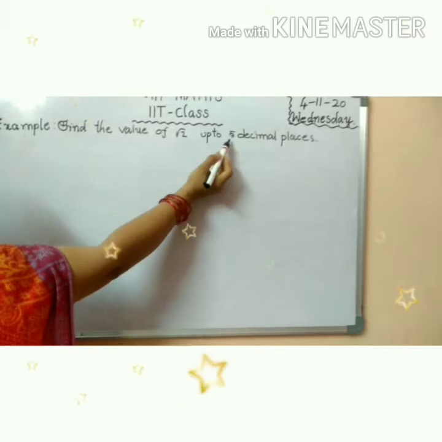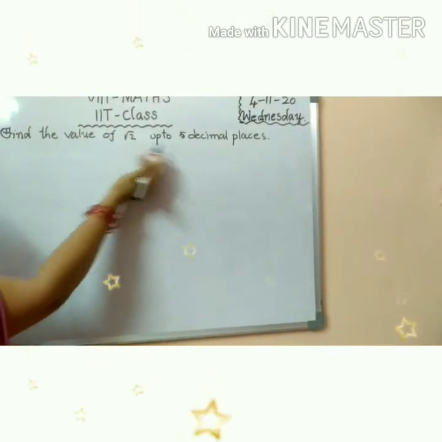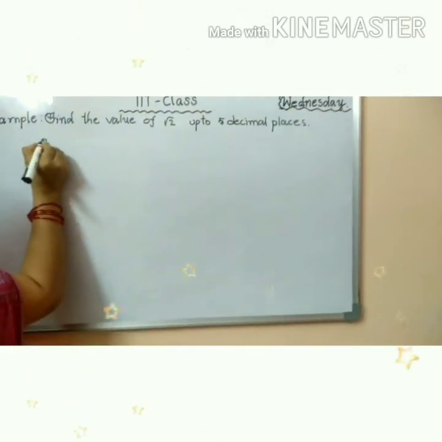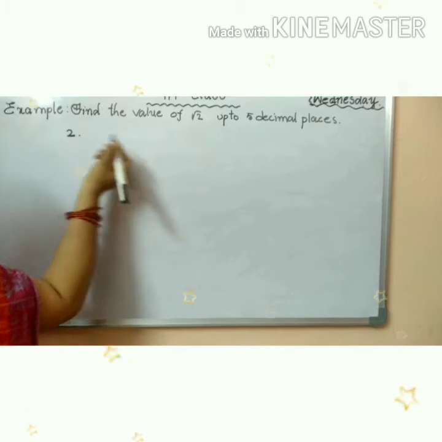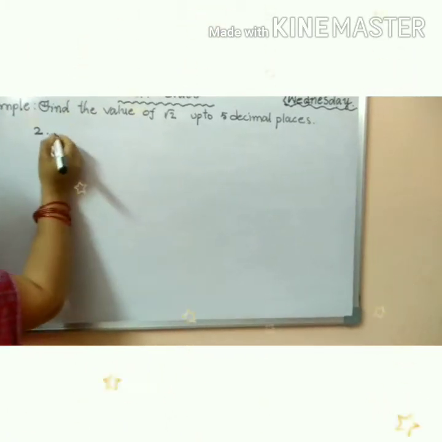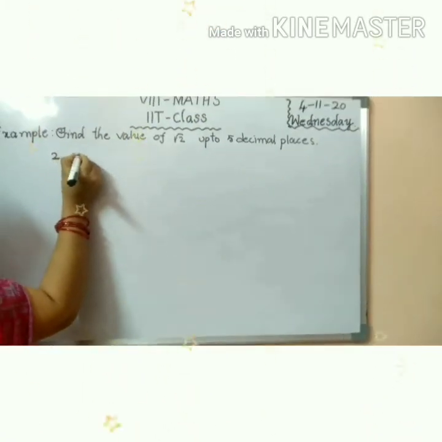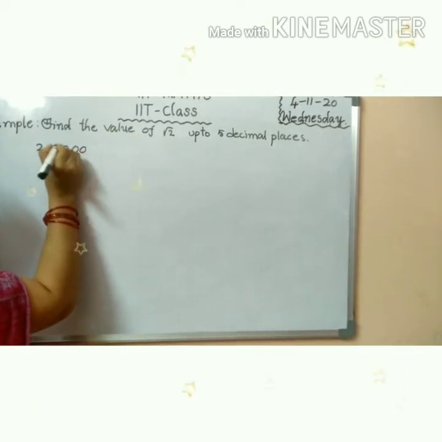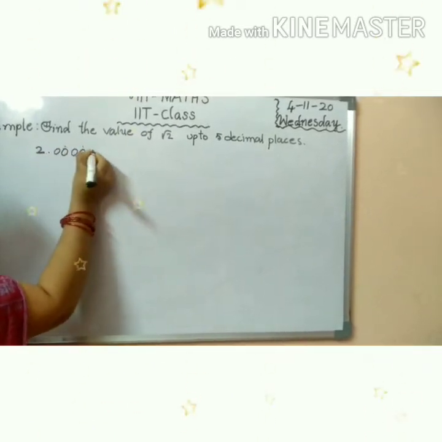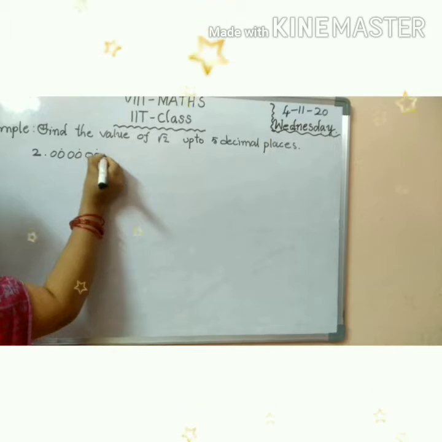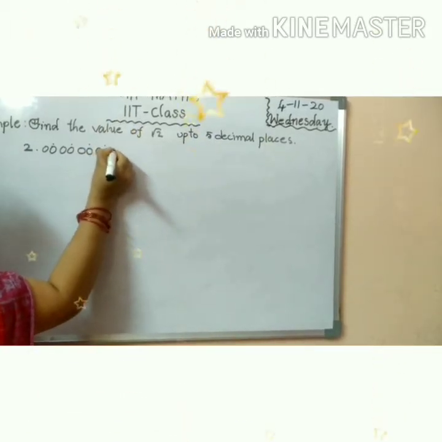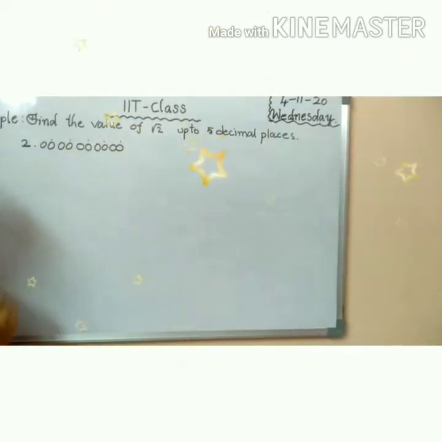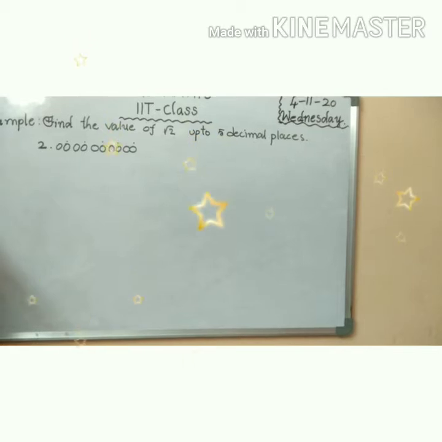So how many zeros do we take in this case? 2 point. Decimal means a point after. How many zeros do we carry? There is 1 decimal, 2 decimals, 3 decimals, 4 decimals and 5 decimals. Okay, children, did you understand?